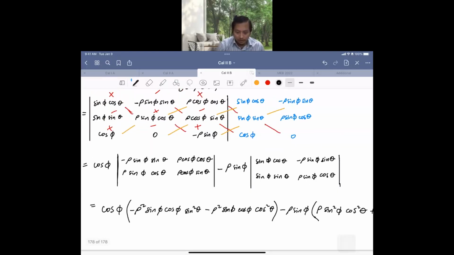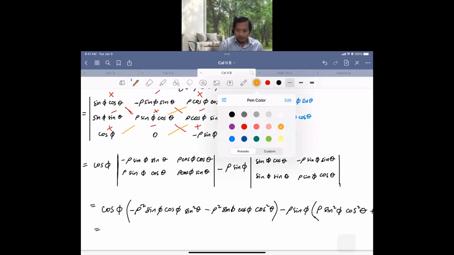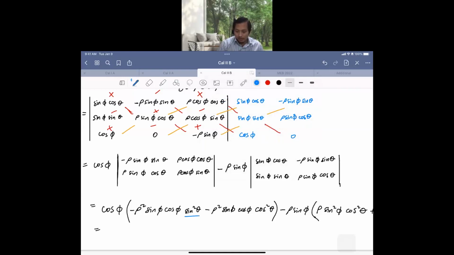Okay, we could start with this cos psi. We can add both of these, so we have negative ρ squared sine psi cos psi, and then multiplied with another cos psi we become cos squared, and sine squared and cos squared becomes 1.